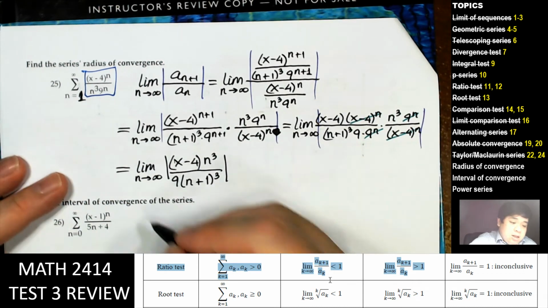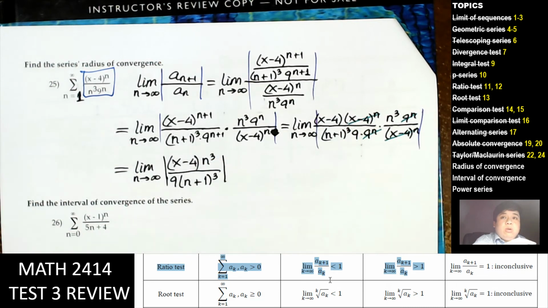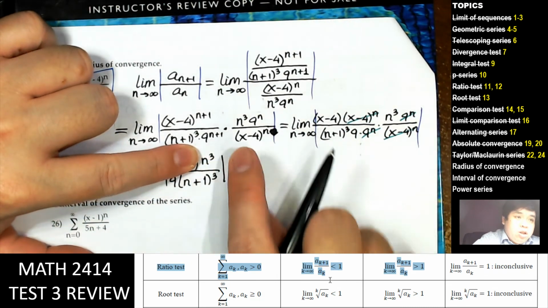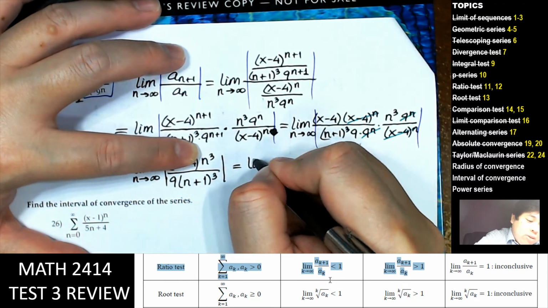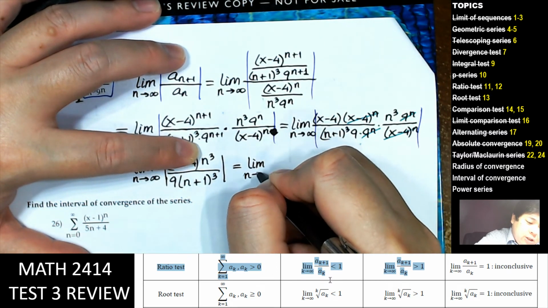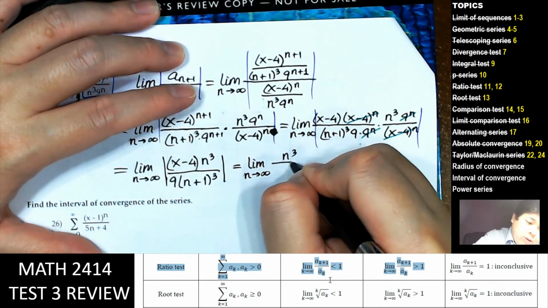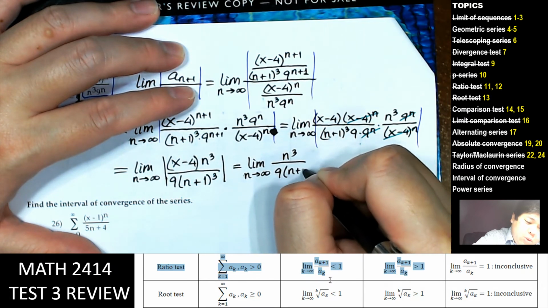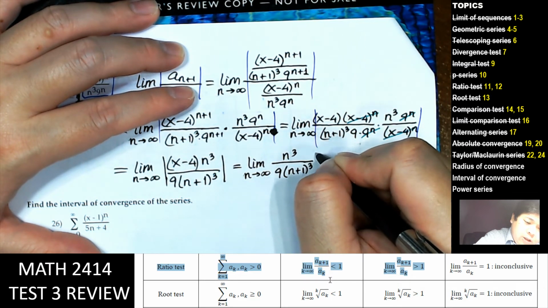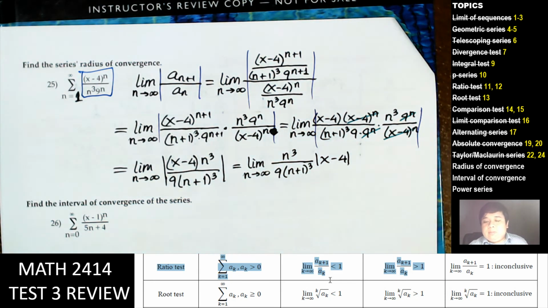Now notice that everything except the x minus 4, the n cubed is positive, 9 is positive, and (n plus 1) cubed is positive. So we don't need the absolute values for those things. So I just write n cubed over 9 and (n plus 1) cubed, and the absolute value of x minus 4.